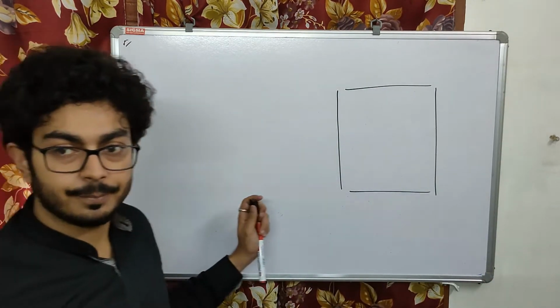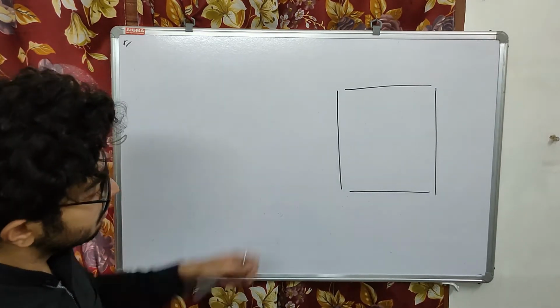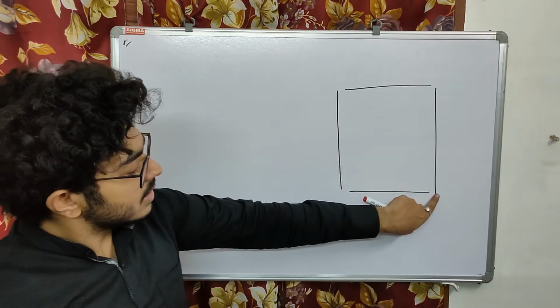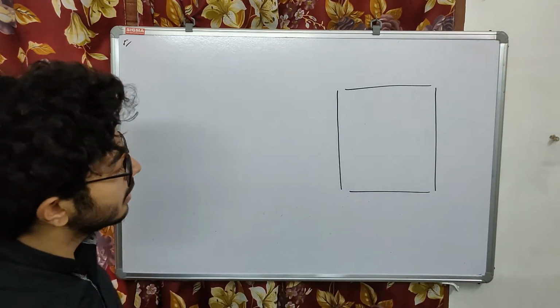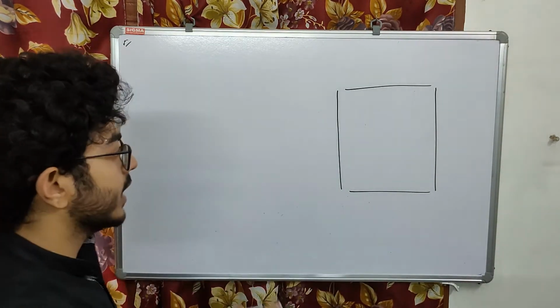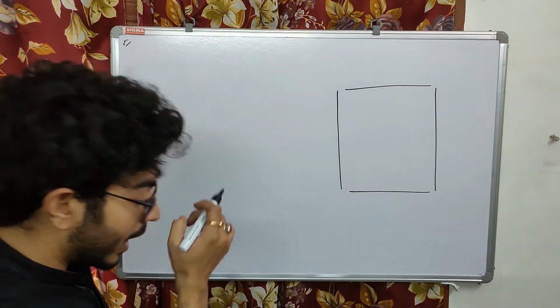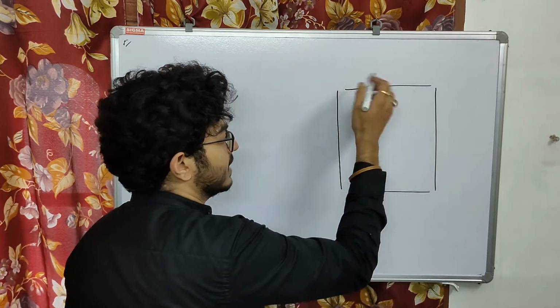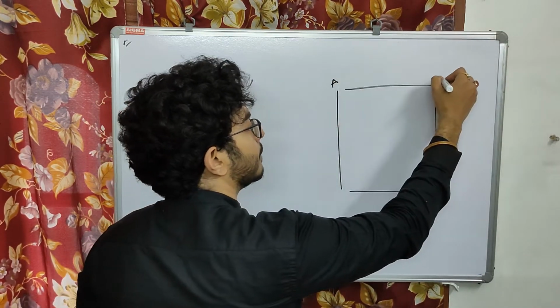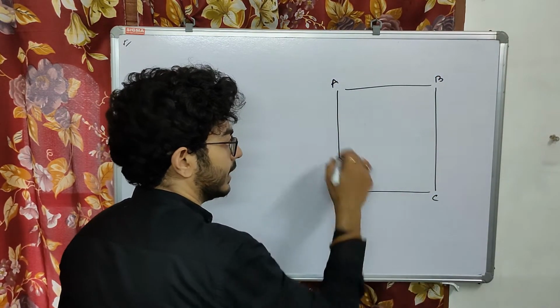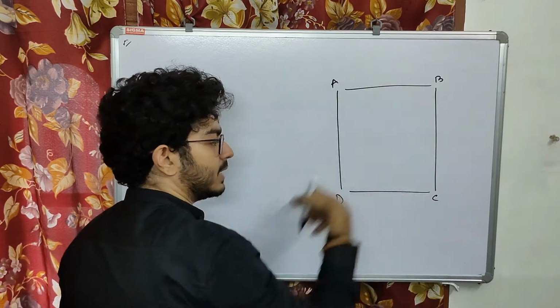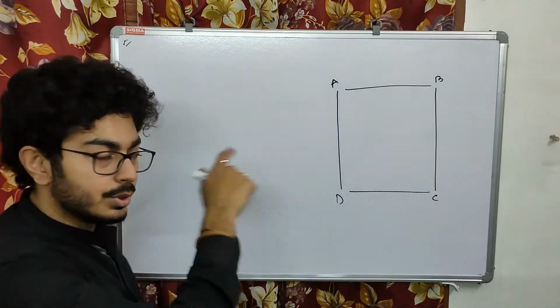See, this is a square. Pardon me for not drawing a perfect square. Now let us go ABCD. You have to use the cyclic order, not like that.